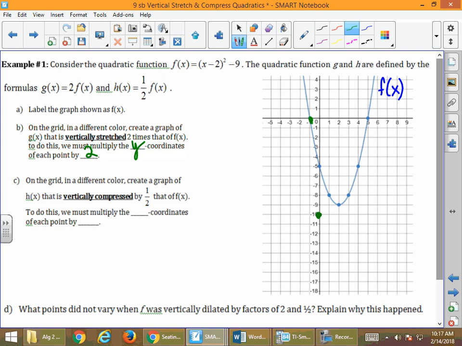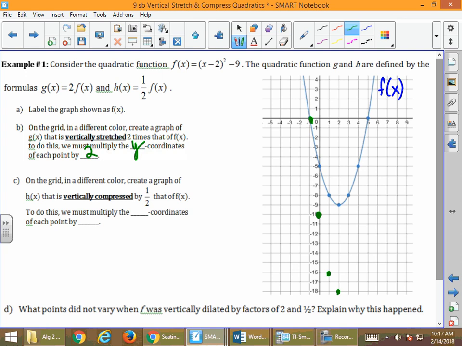Third point, 1, -8. -8 is the y value of that point. -8 times 2 is -16. 2, -9, our vertex here. -9 times 2 is -18.